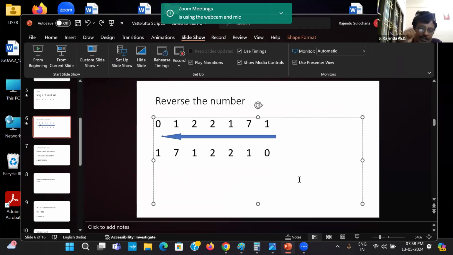Then only it is correct. If the first number is 0 or 2 or something like that, it means millions of years it changed. It's not correct. It should be 1. The second one, the total number is 7. Total digits are 7.